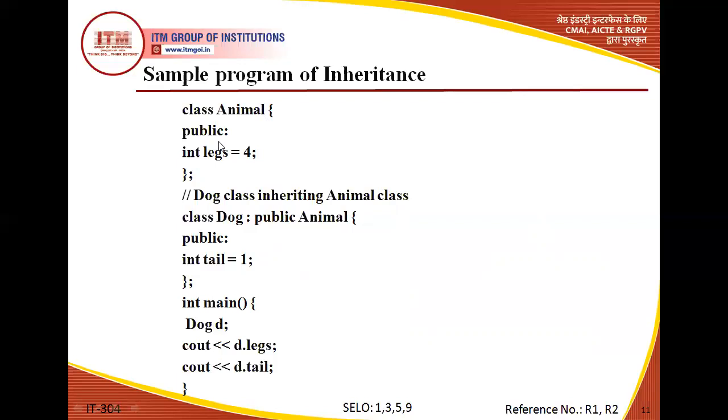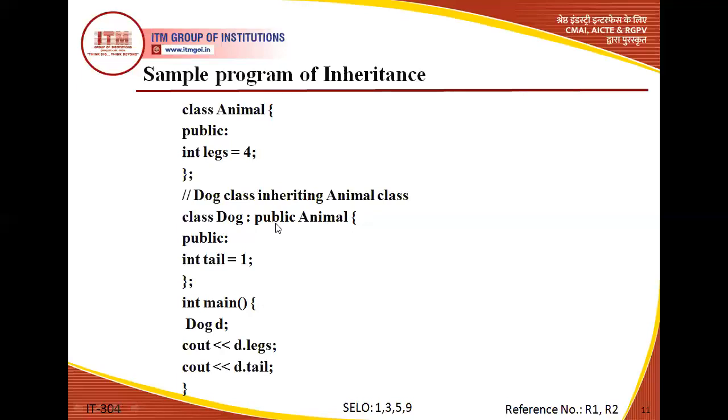Here I have simply declared one variable and initialized it with the value 4 in the public part. Then I have made another class, which is class Dog, and I have inherited this Animal class publicly. So what does that mean?